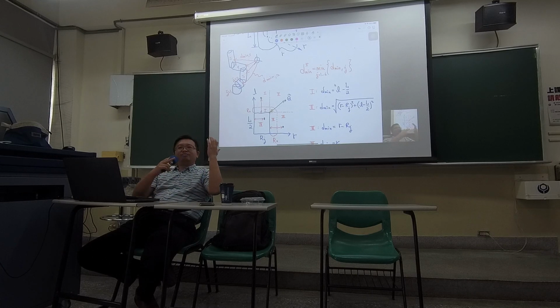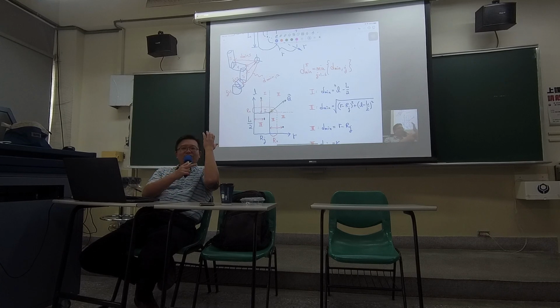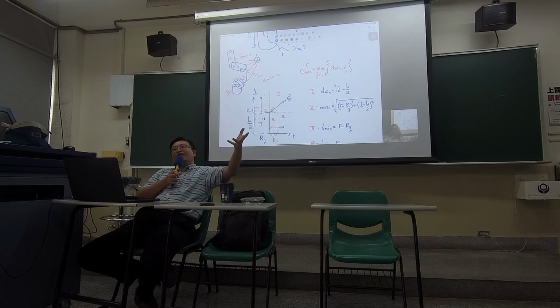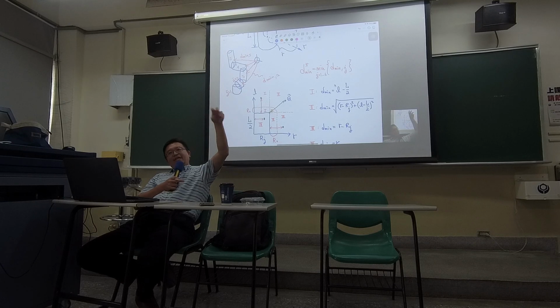You have a minimum distance 1, minimum distance 2, minimum distance 3. You have 6 of them. The smallest one basically is the shortest distance between the obstacle and that particular configuration.